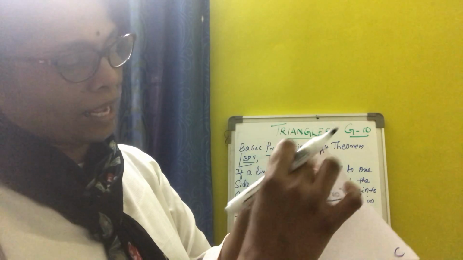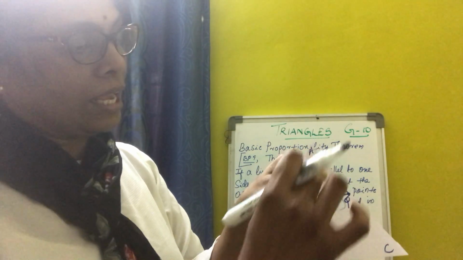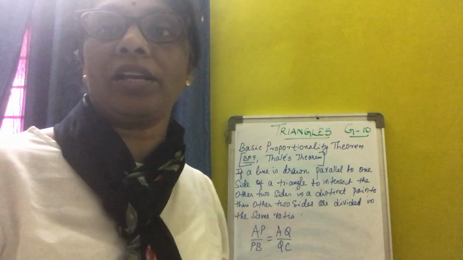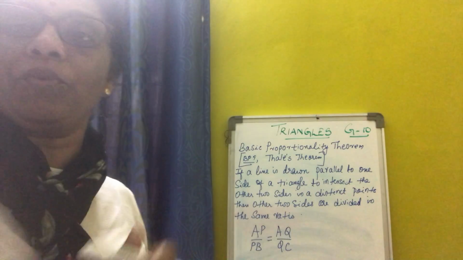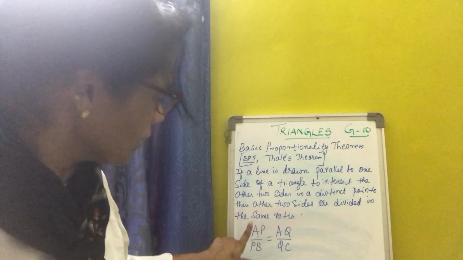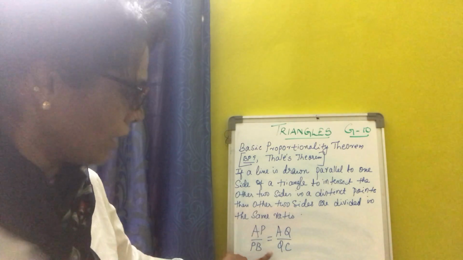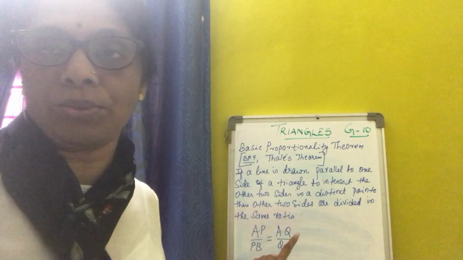Which are the two sides here? AP by PB equal to AQ by QC. This is what we want to prove. So what we have to prove is AP by PB equal to AQ by QC.